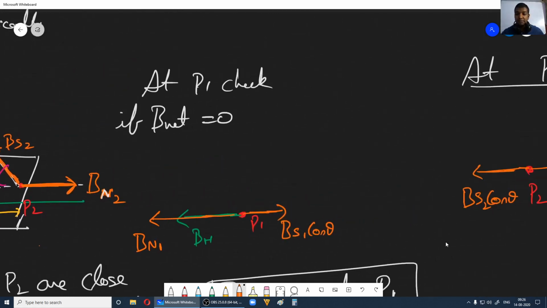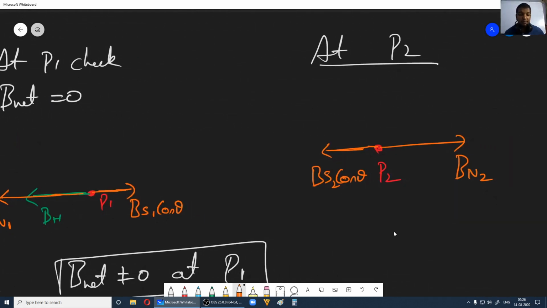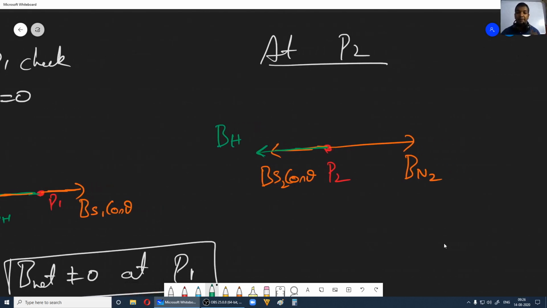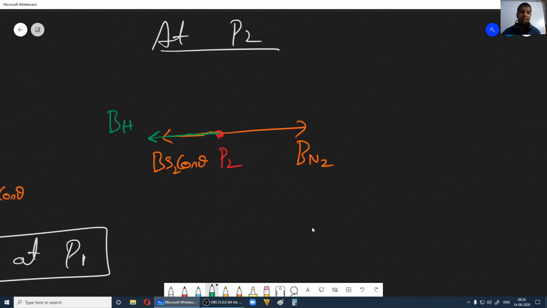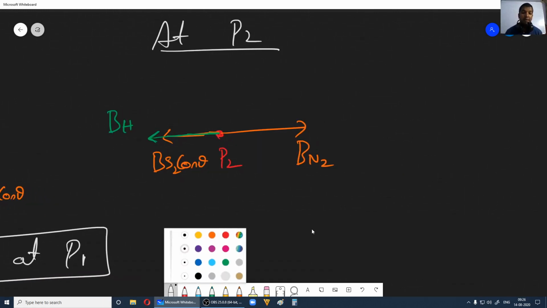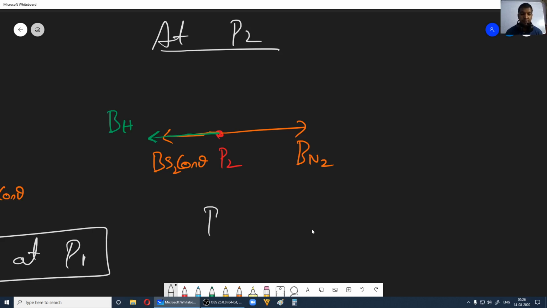You also have BH, the horizontal component of the Earth's magnetic field, towards the left. Now if you vary the distance x, you have a possibility of getting the net magnetic field at point P2 to be 0. So B net can be 0. We will see where.